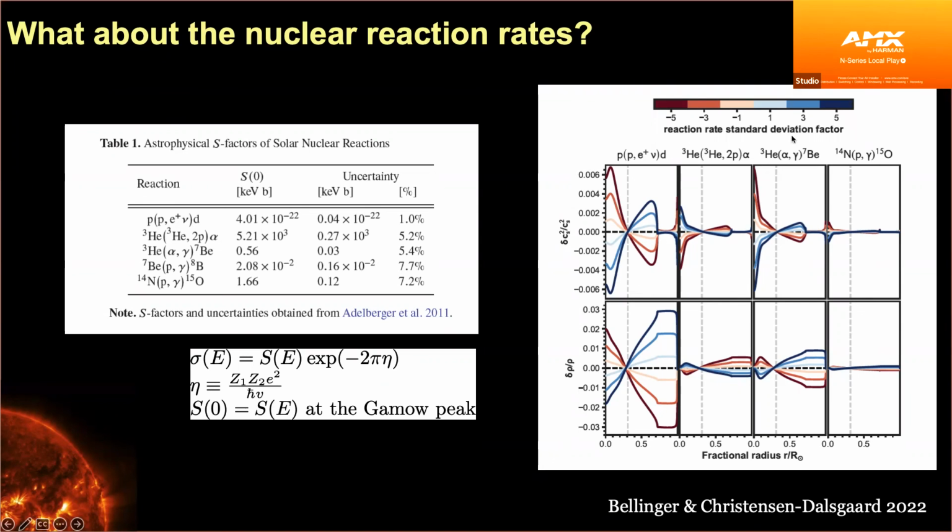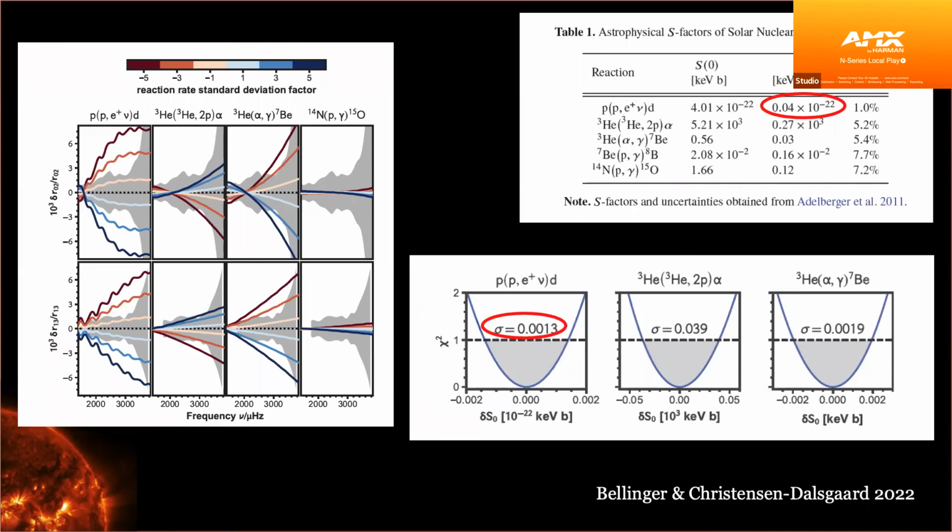Okay. So the different colors are basically changing the reaction rates by a standard deviation or a few standard deviations, where we see the uncertainty here. What they found is they can actually constrain how much you can change.